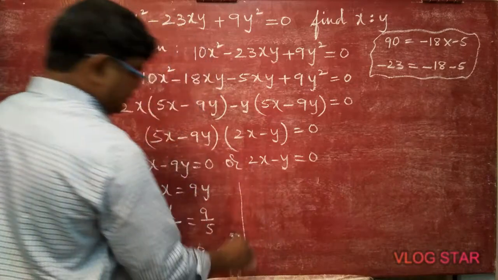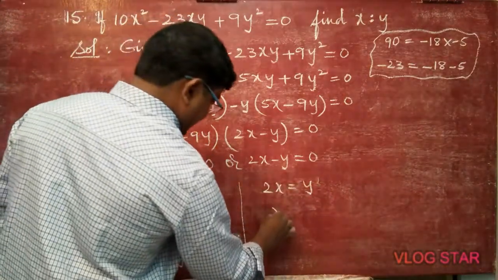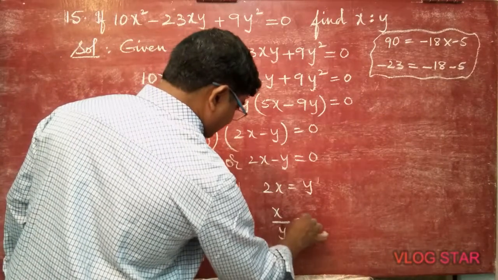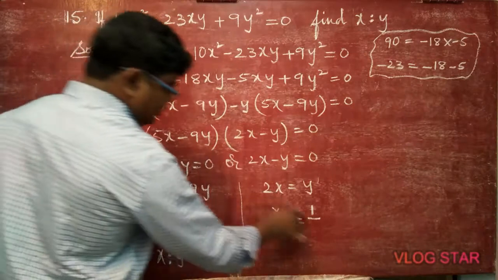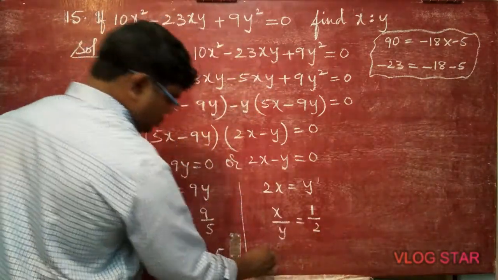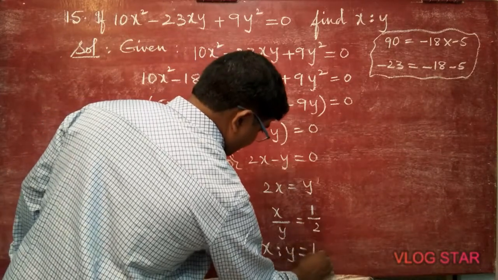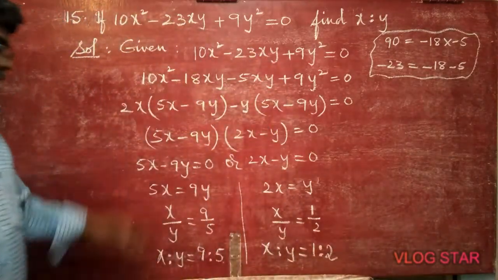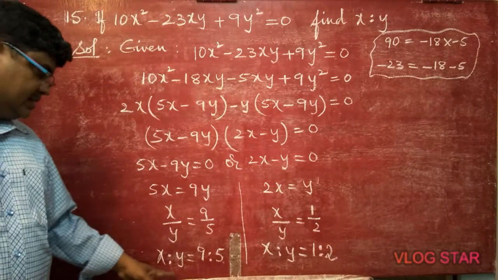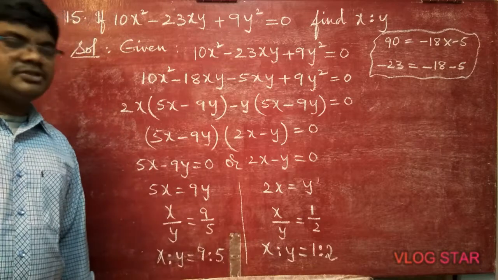Or 2x is equal to y. x by y is equal to, what is the coefficient of y here? 1. Nothing is there means 1. 2 comes to the denominator. So here x is to y is equal to 1 is to 2. 2 answers we got, quadratic equation. So x is to y is equal to 9 is to 5 or x is to y is equal to 1 is to 2.